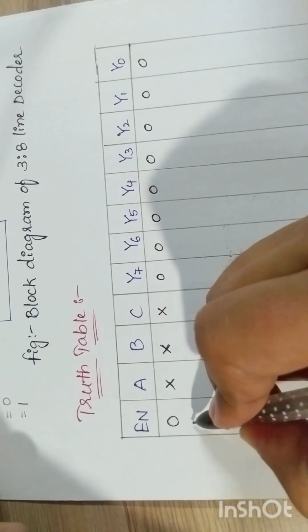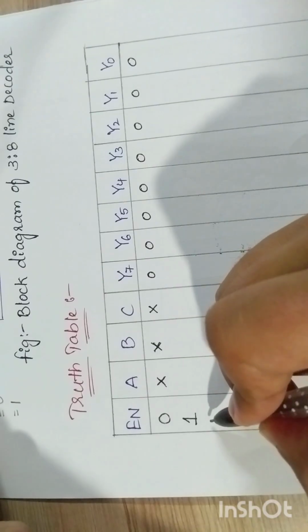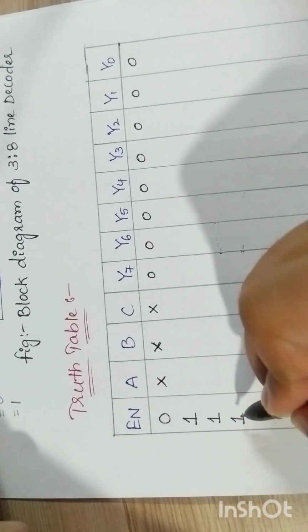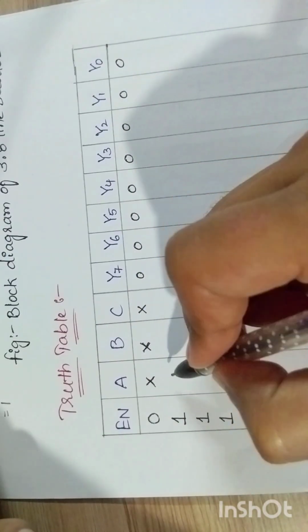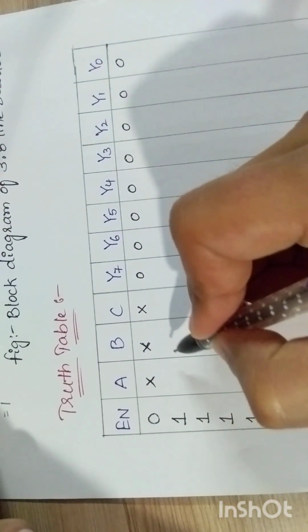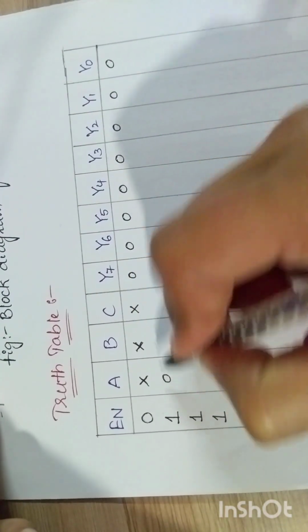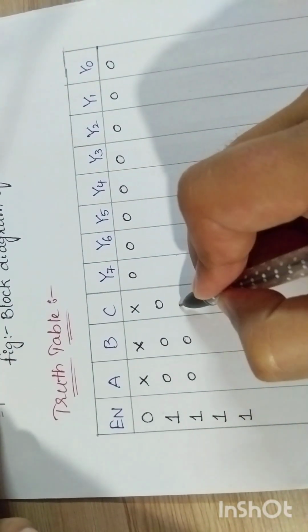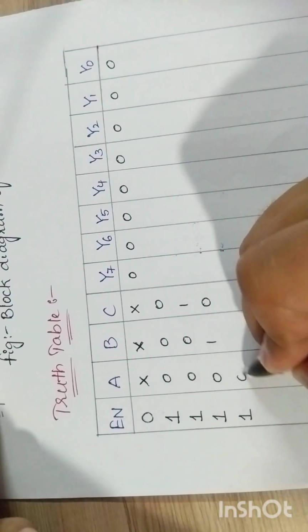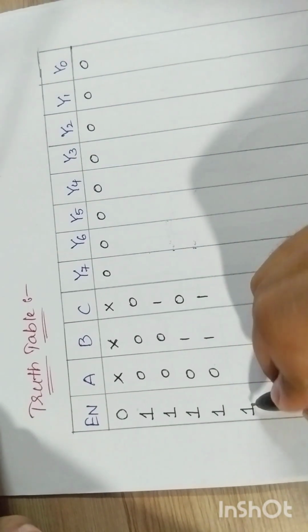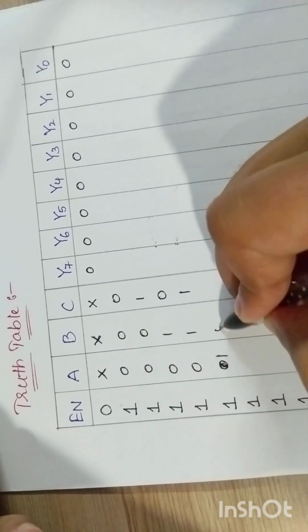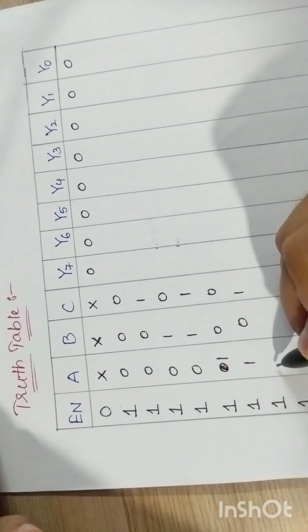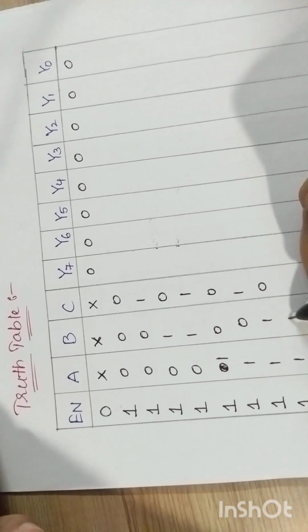The next one is when the enable pin is set to 1. In this mode, we will have a total of 8 possible input combinations, because we will have 3 inputs here, A, B and C, so 2 power 3 is equal to 8 possible input combinations, which are 000, 001, 010, 011, 100, 101, 110, 111.